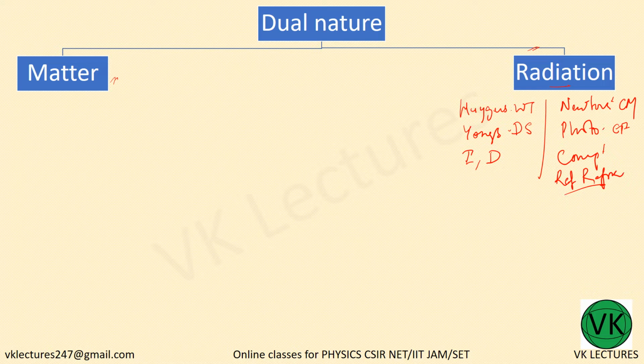If radiation has both particle nature as well as wave nature, similarly matter also must have both. Matter as such is a particle, so it definitely has particle nature. Similarly, matter should also behave as wave. This wave is called matter wave.